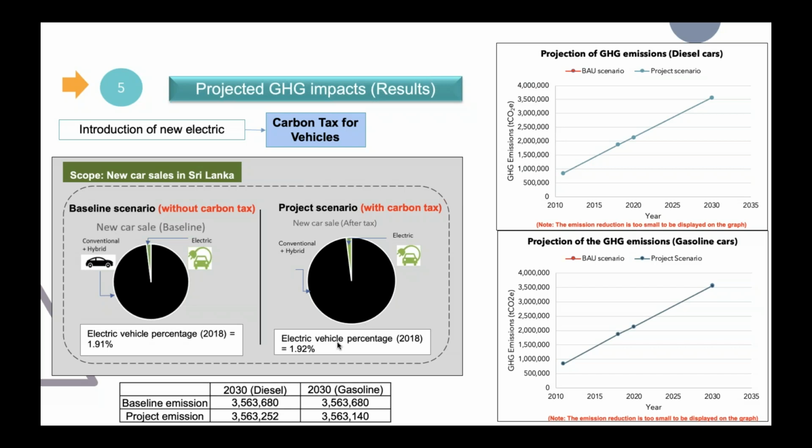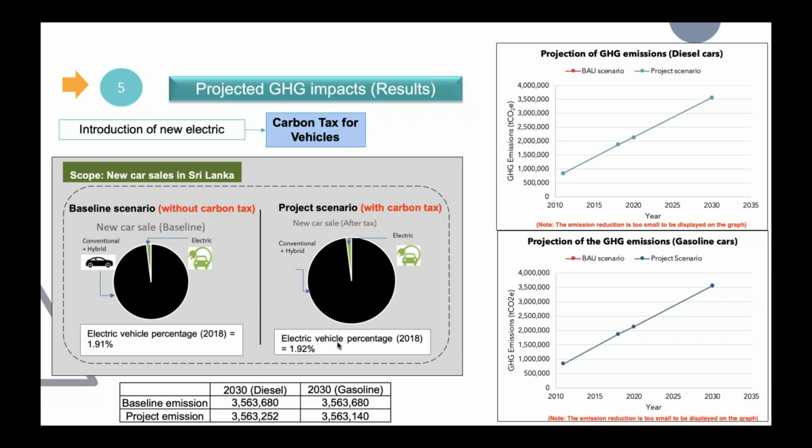One of the reasons is that the carbon tax is not very high. In the Sri Lankan context, the price of 1 liter of petrol is around 70 US cents, and the carbon price is less than 1 cent, which is not sufficient. And later we did another study on another assignment.